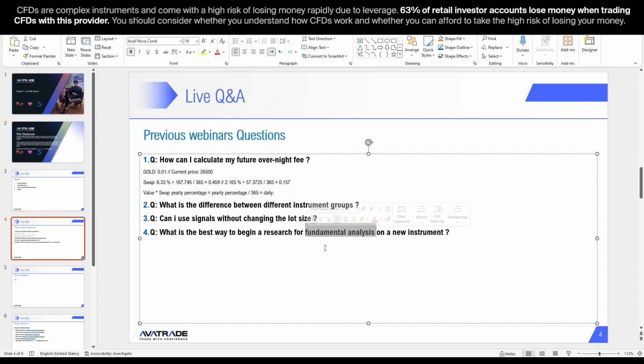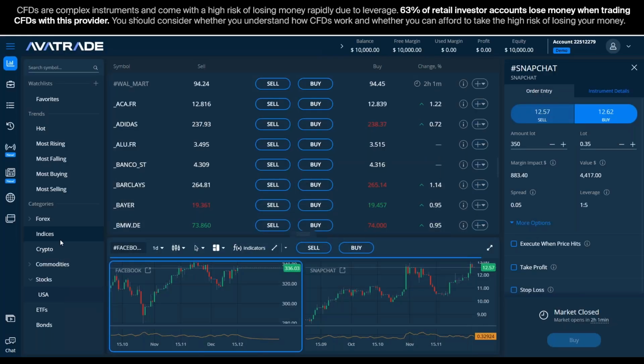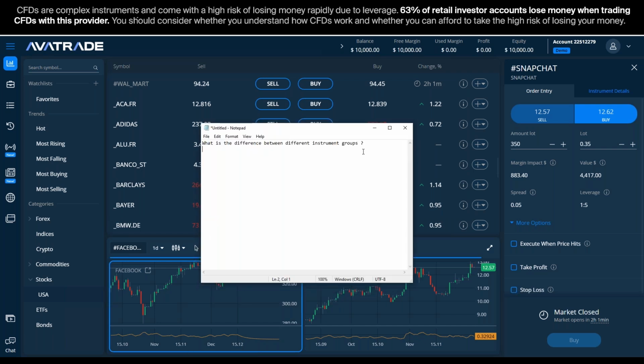So I will show you guys in maybe 2 minutes how to find it here on the website, how to find information about one of the stocks, and this can also help you find fundamental analysis to do research upon. Okay, actually, let's do it now. I think it's part of this question anyway, so we can wrap this question up and proceed with the solution to the other one. So what is the difference?